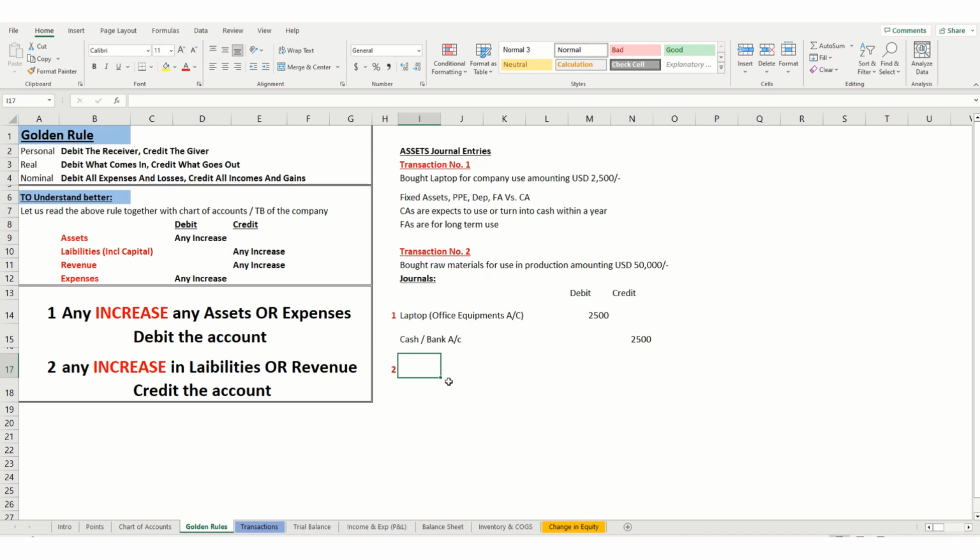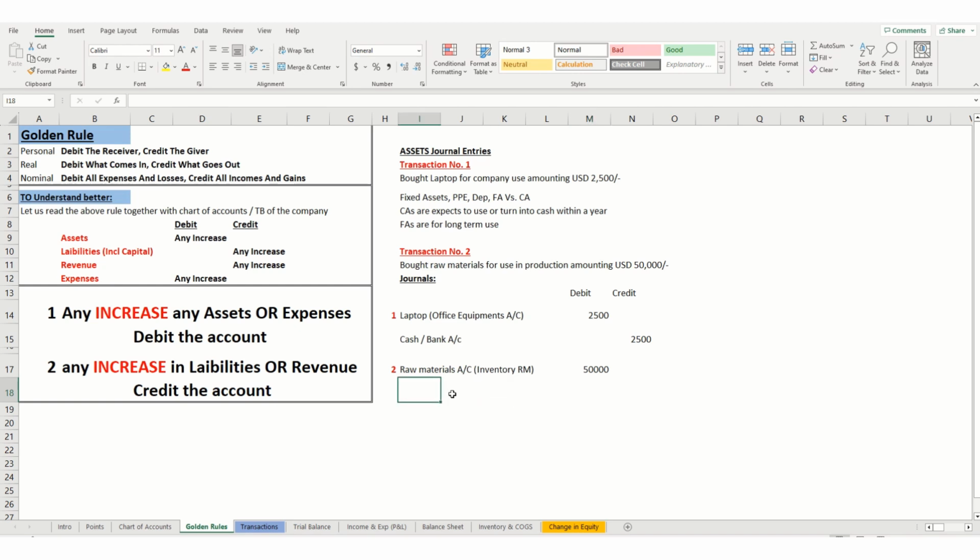Bought raw materials, raw materials are increasing. So raw materials account, or in most of the companies we call it inventory of raw materials account. You name it, and we bought it for 50,000 US dollars.